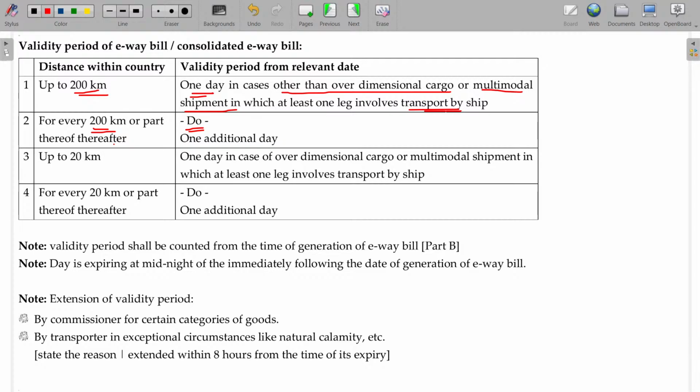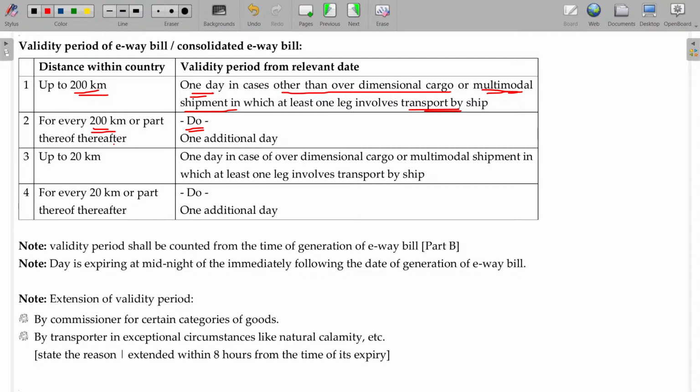So in general, 200 kilometers will be given per day. If the distance is more than 200, for every 200 kilometers and part thereof, one additional day will be given. But in case of multi-modal shipment, where you transport the goods in 2 or 3 different vehicles, at least one should be a ship.